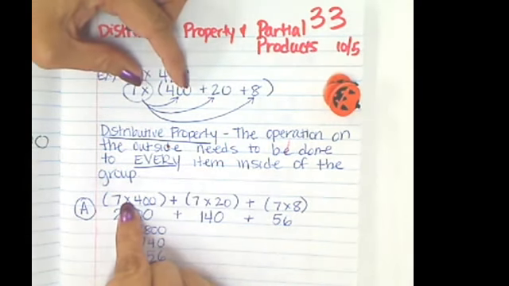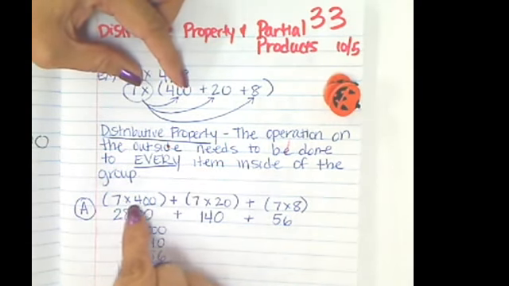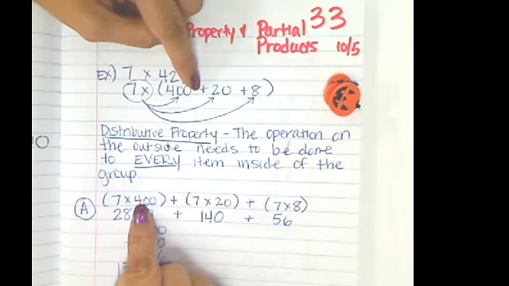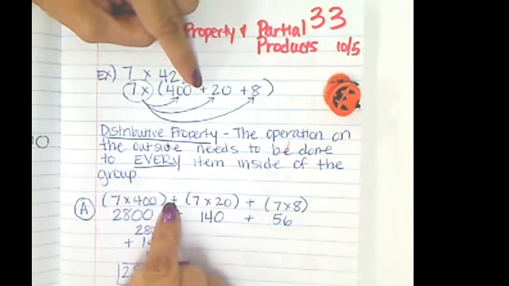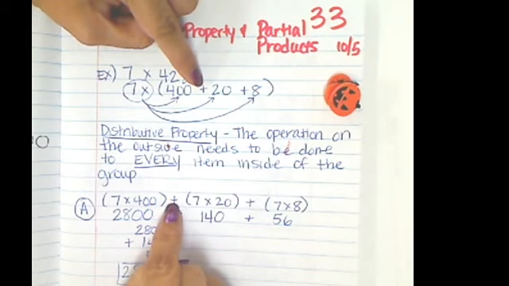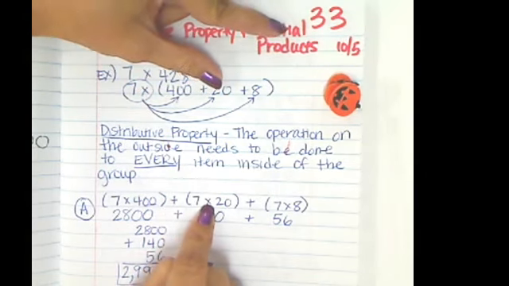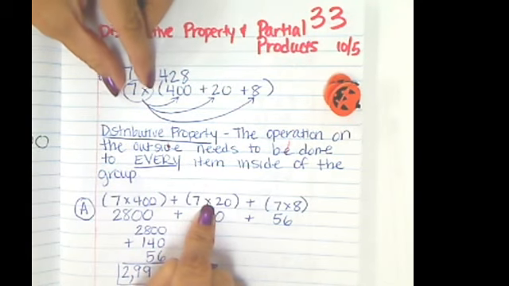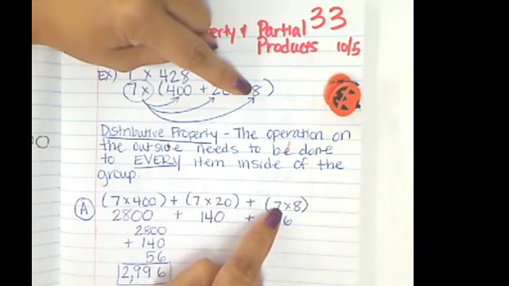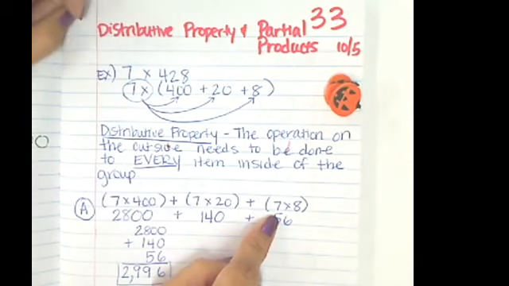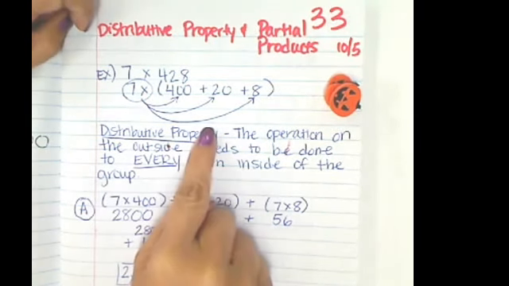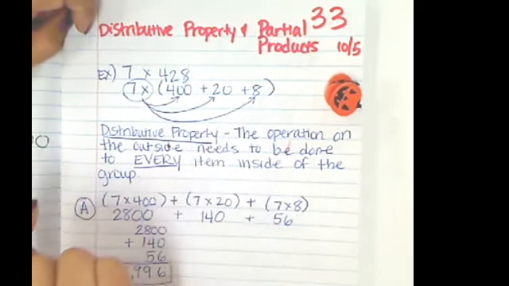And that's what we have down here. 7 times 400 is written like this. Don't forget the plus sign, because we don't want to lose anything from our original problem. Then we're going to take the 7 times and distribute it to the 20. Then take the 7 times and distribute it to the 8. Okay? And where did I get the 400 and the 20 and the 8?